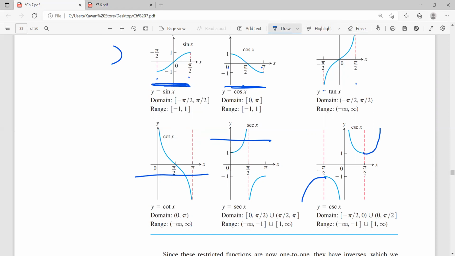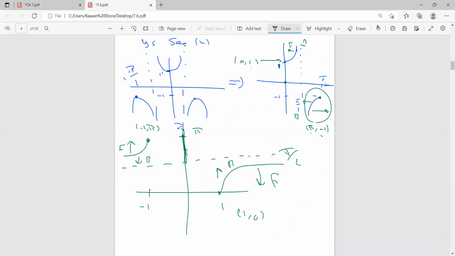Easy. You saw that one before, right? In chapter 1, we have these graphs. Understood?